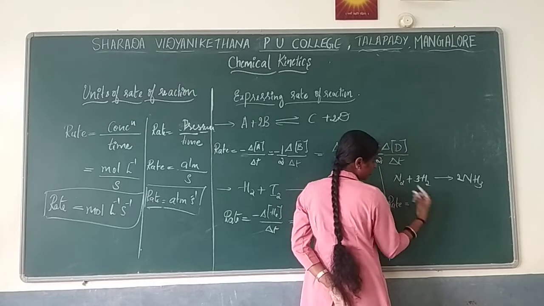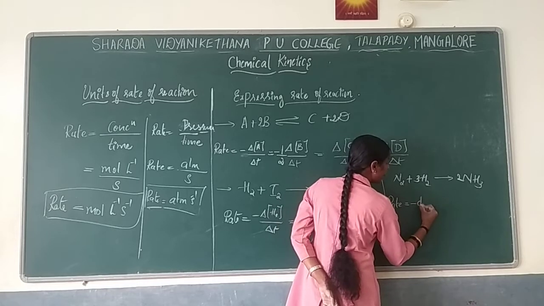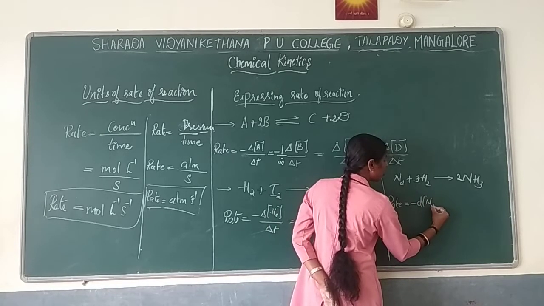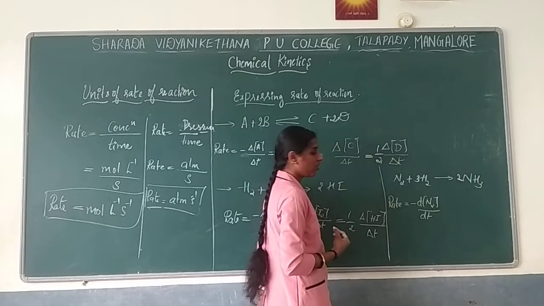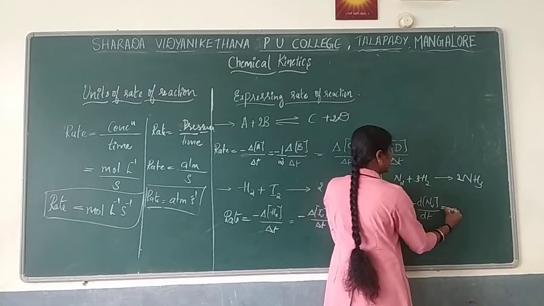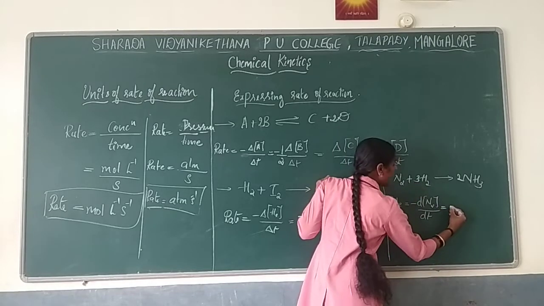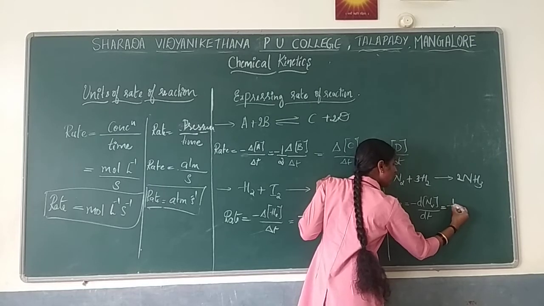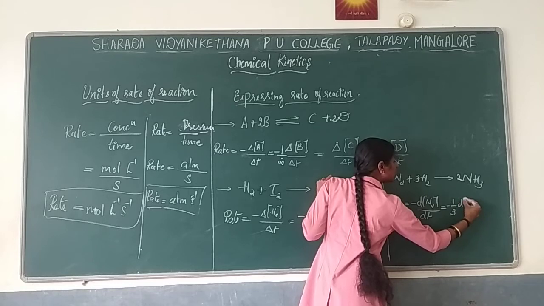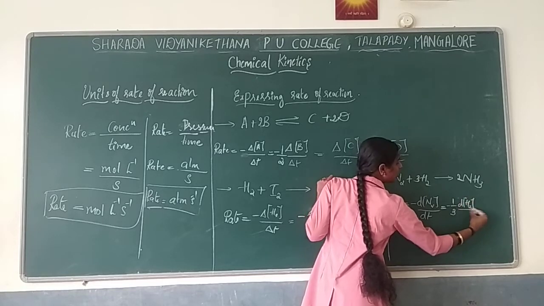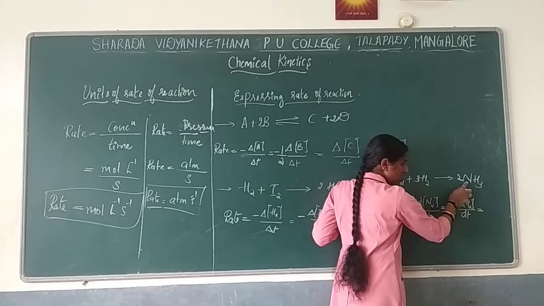So rate is equal to, here these two are the reactants, so it comes with a minus sign, minus d of concentration of N2 divided by dt, with respect to time, is equal to, again here the stoichiometric coefficient is 3, so you write minus 1 by 3 d of concentration of H2 divided by dt, is equal to, this is your product, so positive sign.